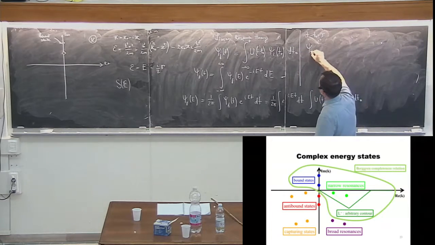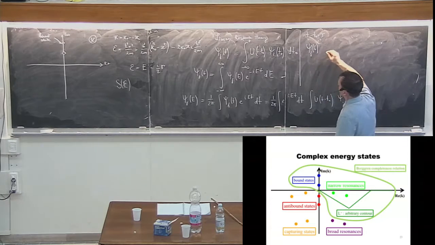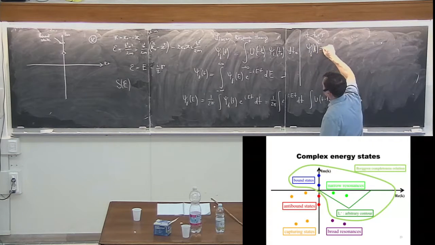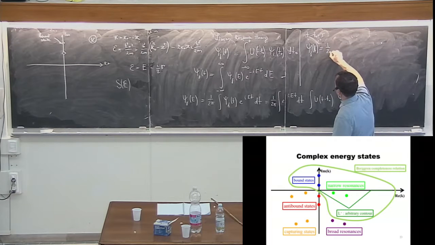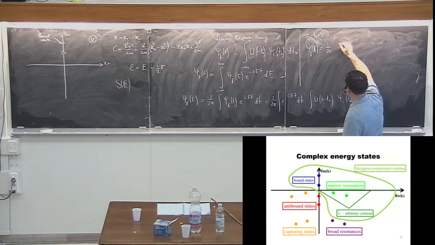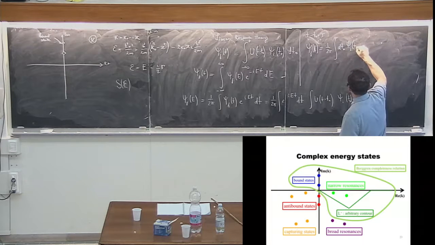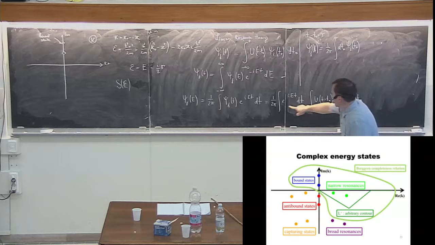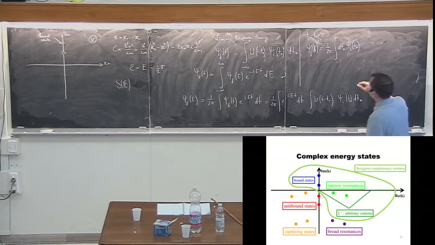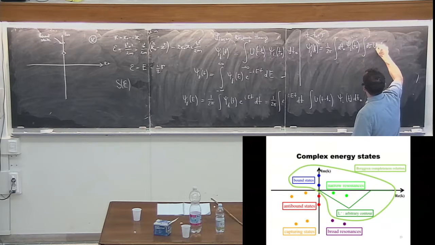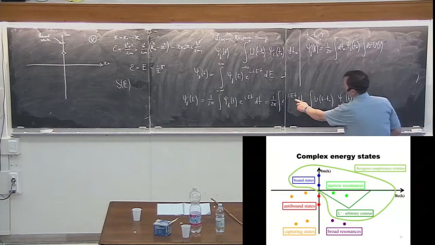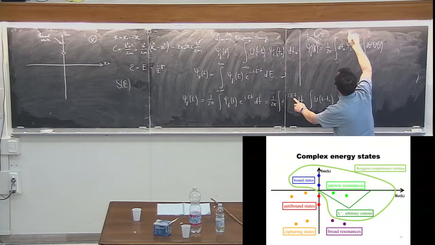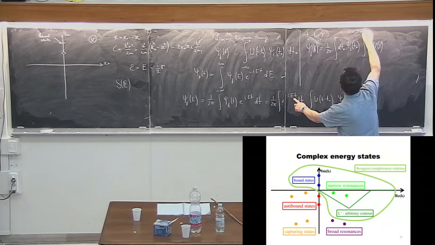So psi f of t of e is going to be 1 over 2 pi, and then I have an integral here. First we'll do dt naught psi I of t naught, and then I have an integral over dt. So this is going to be an integral of d tau u of tau, and t obviously is tau plus t naught.